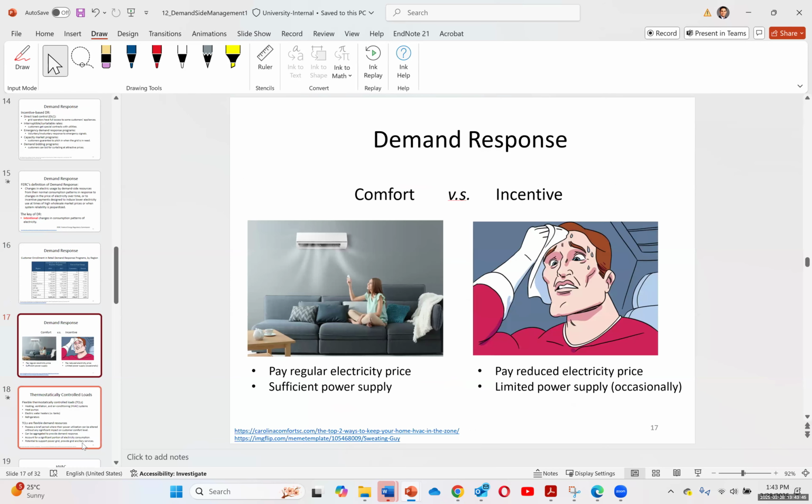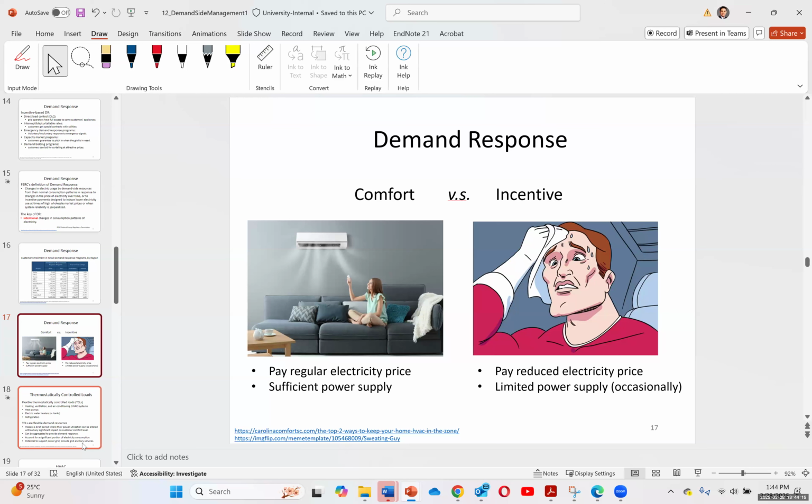The reason is that it's a trade-off between comfort and incentives. Some people prefer the comfort to pay regular electricity prices, to have sufficient power supply. They don't want to reduce, for example, in summer, they don't want to increase the inside temperature of the home, or not be able to use their washer dryers during the peak hour, or not be able to use their iron or coffee machine in the morning.